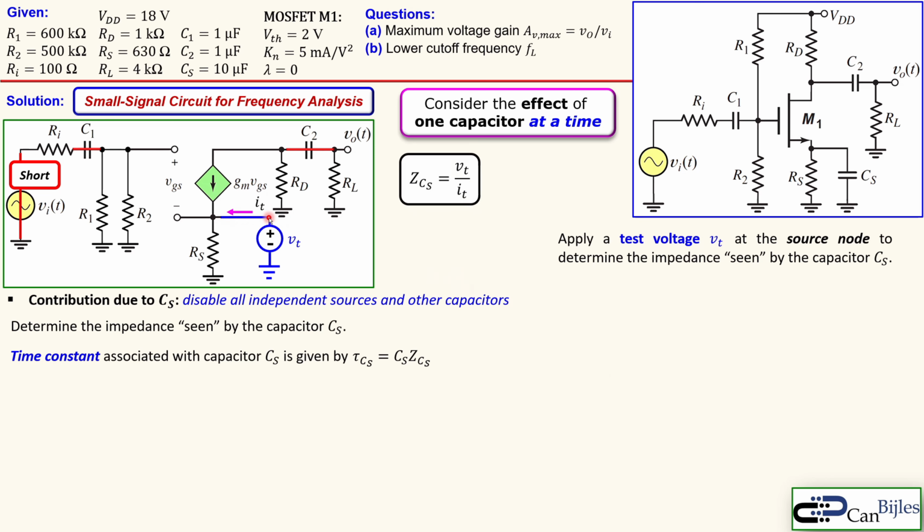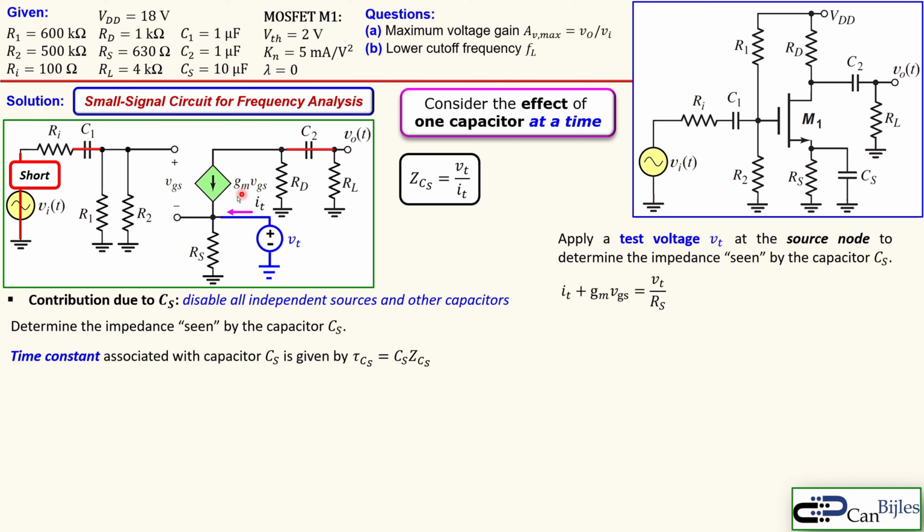And this is the current I actually then will determine, and the ratio of these two, just Ohm's law, will be then this ZCS, which is the impedance seen by this capacitor CS. Okay, this is by the way a generic method also used for determining the Thevenin resistance in more complicated circuits.